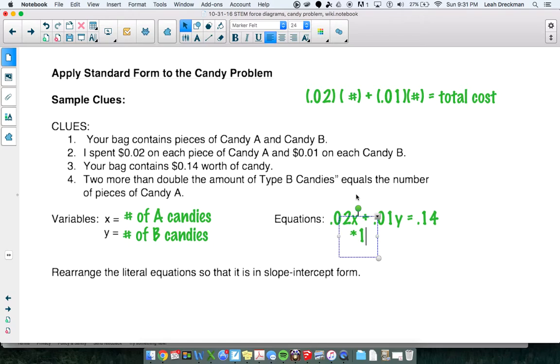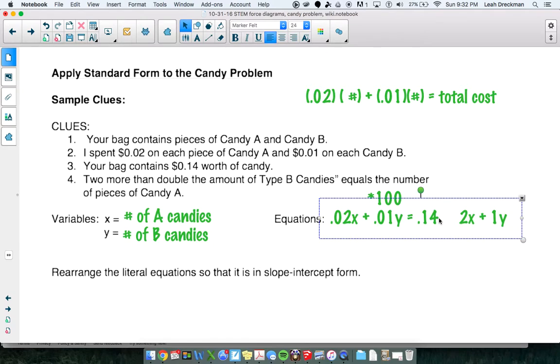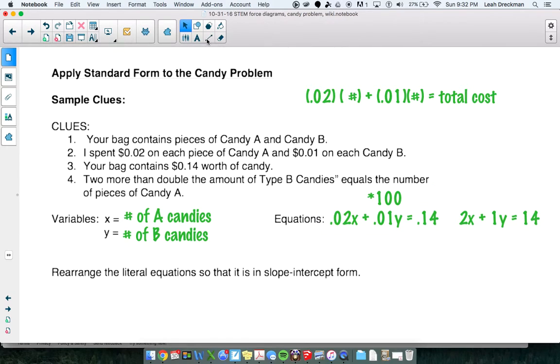Well, if you multiply every term times 100, that will eliminate all those decimals. So I'm just going to multiply every term times 100. And our new equation will be 2x plus 1y equals 14. All right, and that one looks a little bit cleaner.